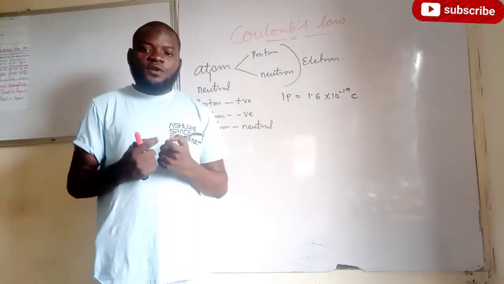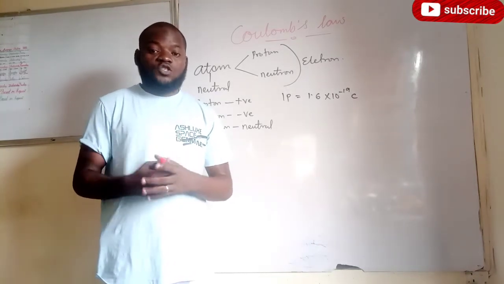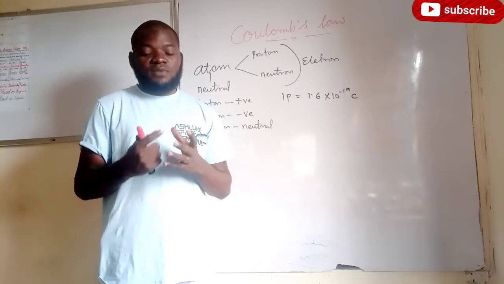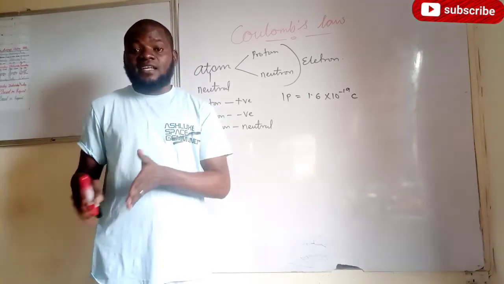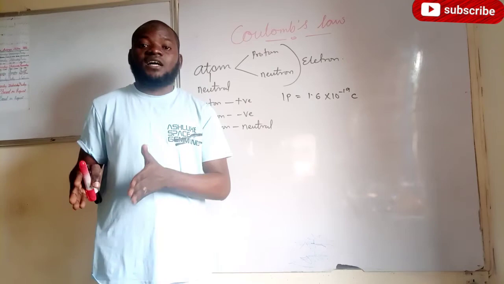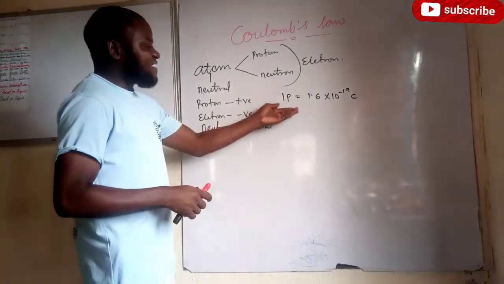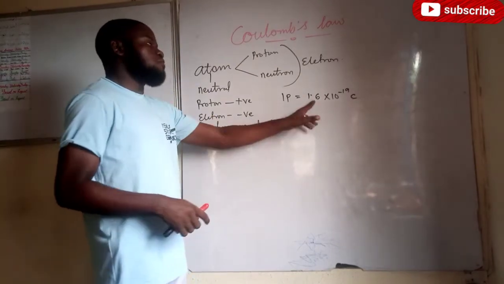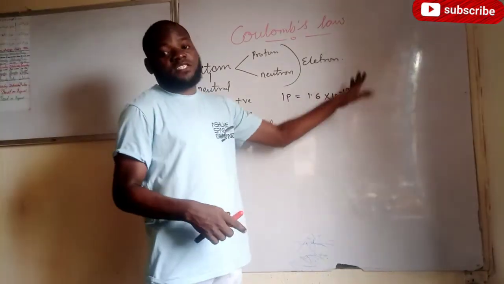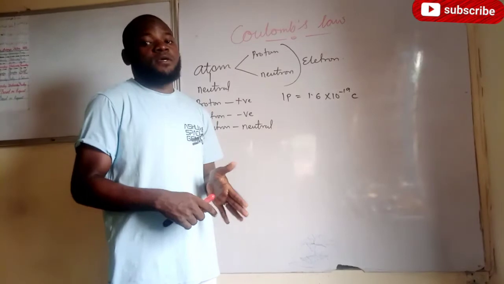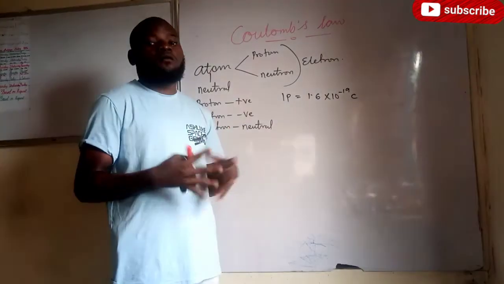So if proton is quantized, electron is also what? Quantized. That simply means that they exist in a discrete energy level. Therefore, any charge that you want to have is going to be a multiple of 1.6 times 10 raised to power minus 19 Coulomb, since there is no fractional proton.